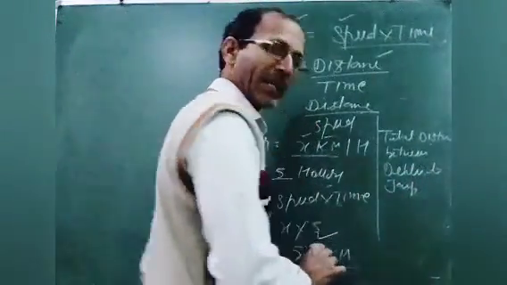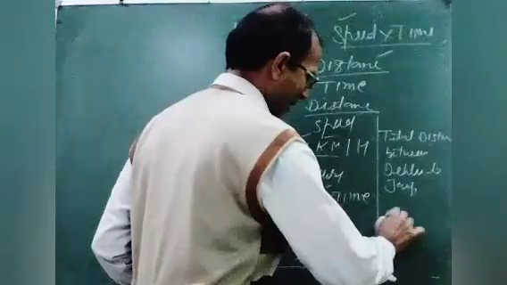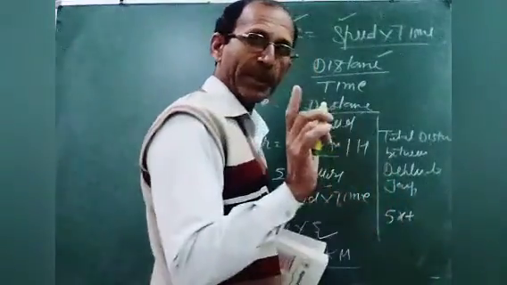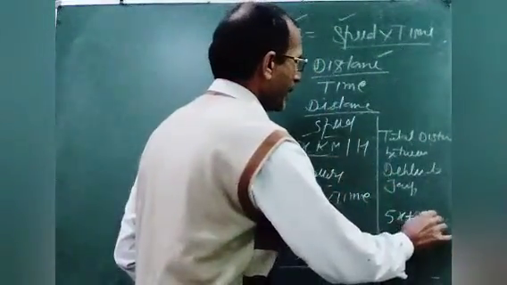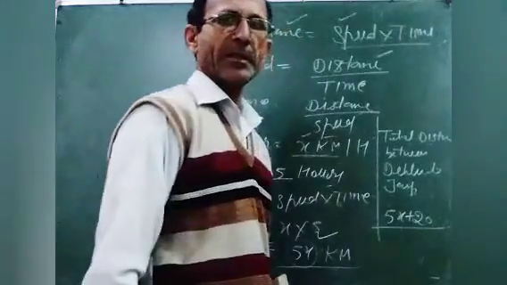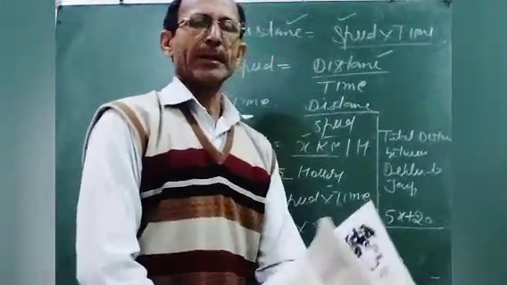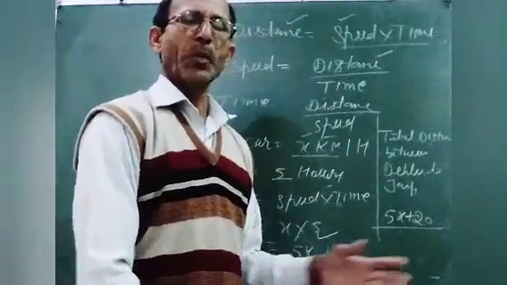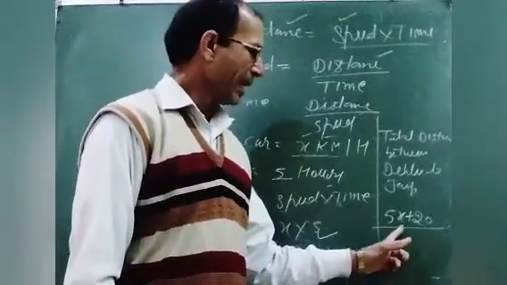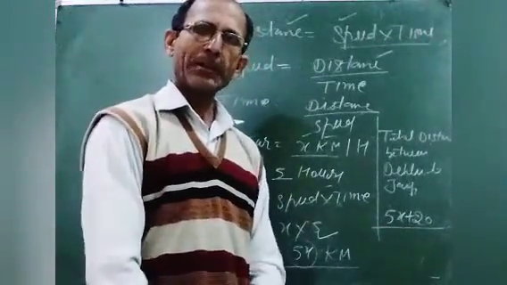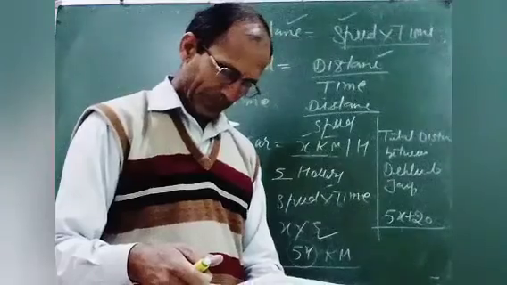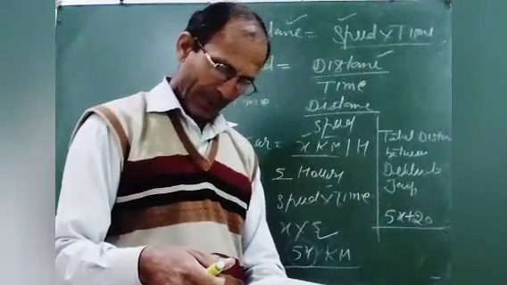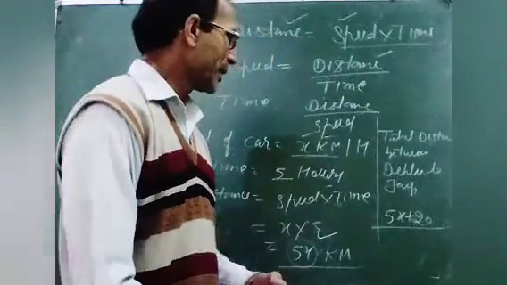So 5x she has covered, and how much is left? 20. So total distance is 5x plus 20. This is written in the form of an algebraic expression, 5x plus 20. Any doubt? Any confusion?